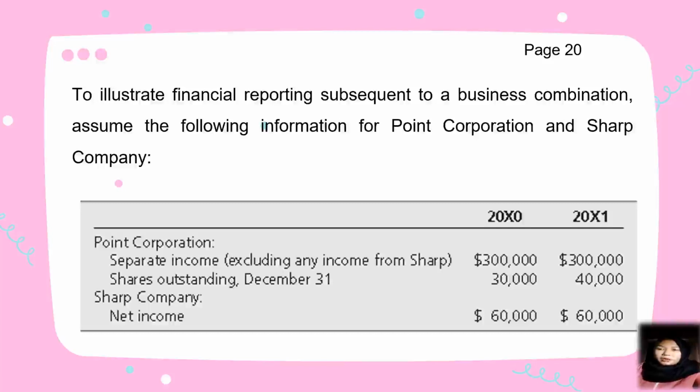When a combination occurs during a fiscal period, income earned by the acquiree prior to the combination is not reported in the income of the combined enterprise. If the combined company presents comparative financial statements that include statements for periods before the combination, those statements include only the activities and financial position of the acquiring company, not those of the acquiree. And you can see the illustration.